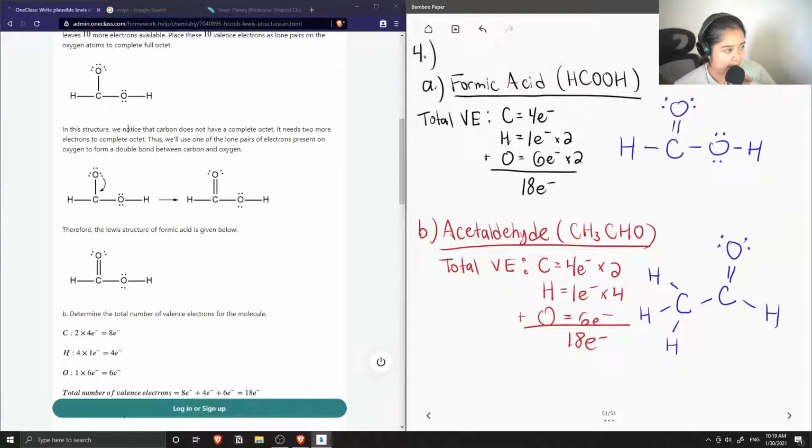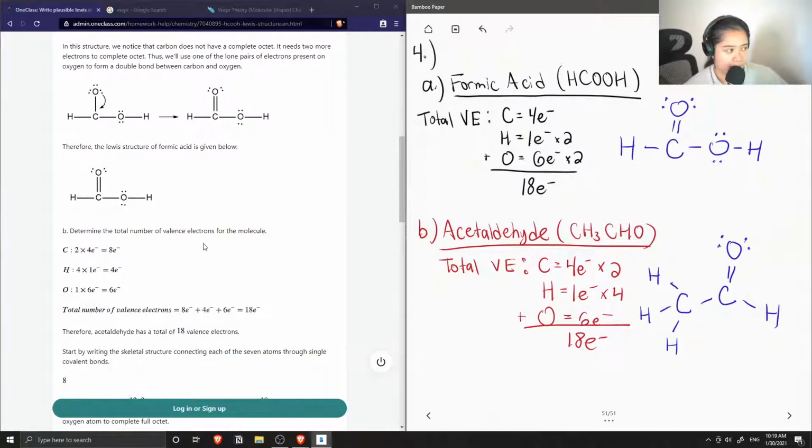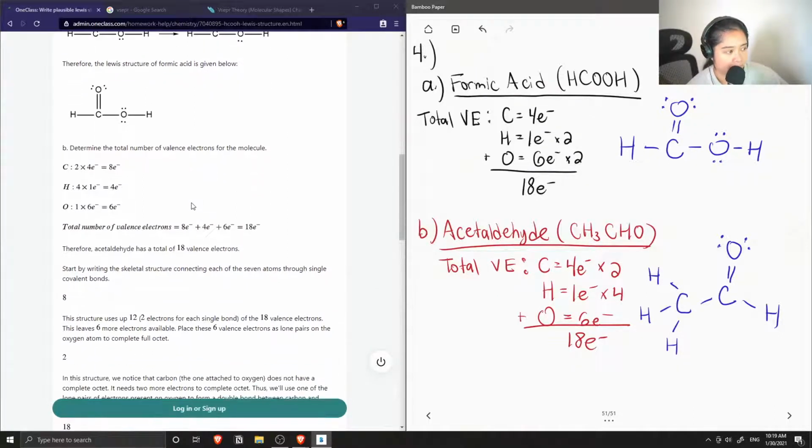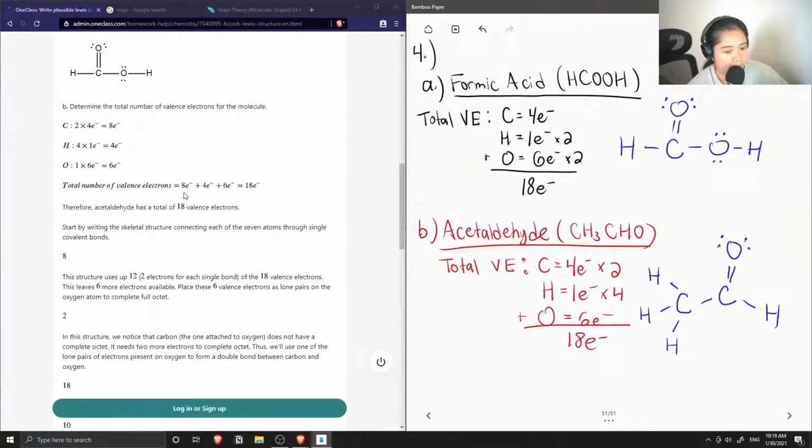Then they noticed that carbon doesn't have a complete octet yet, so they brought one of those pairs of electrons down to form a double bond between that carbon and the oxygen. Okay, so they got the same Lewis structure. And then for part B, they also got 18 electrons.